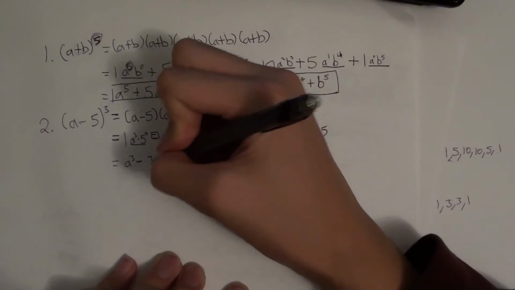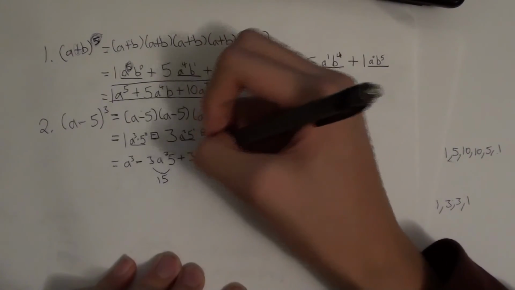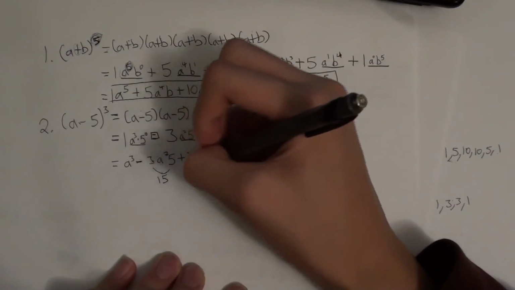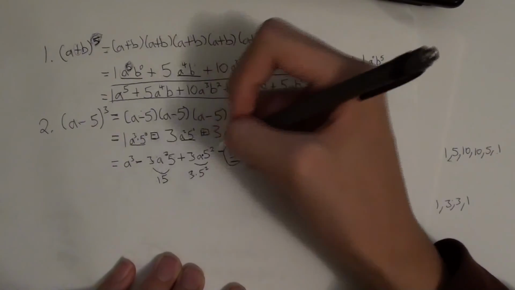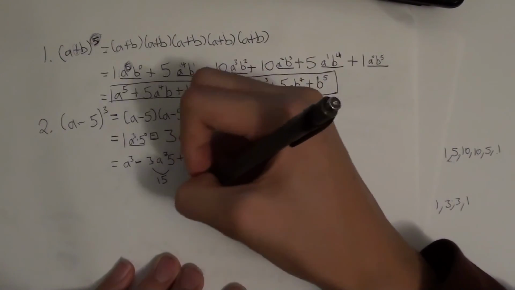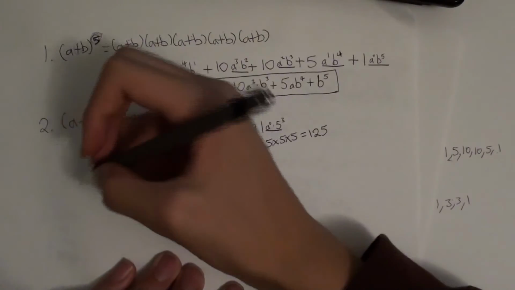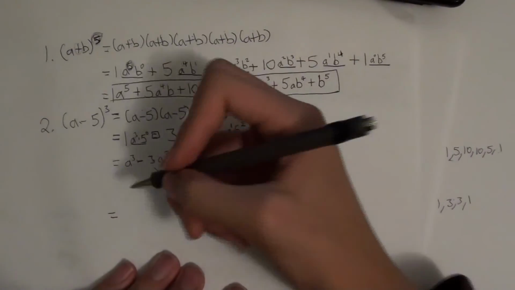We see 3 times 5 is 15, so 15a squared. And 3 times 5 squared: 5 squared is 25, 3 times 25 equals 75.